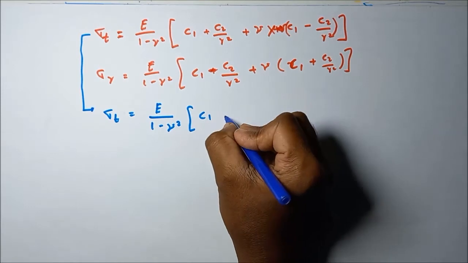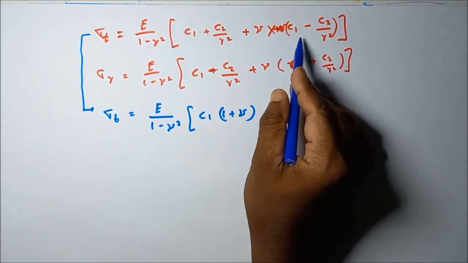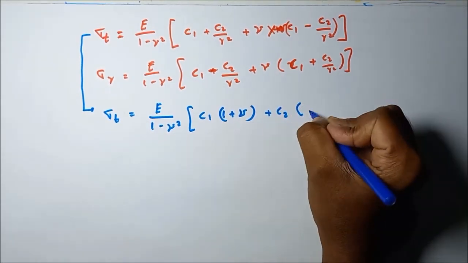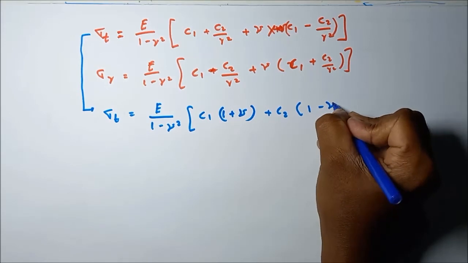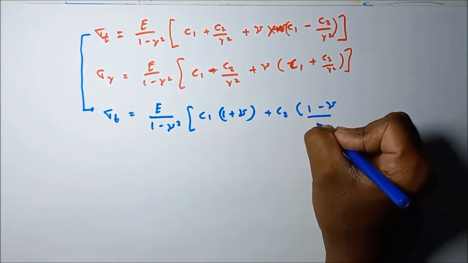I'm going to take the C1 part separately, 1 plus mu, plus C2 1 minus mu divided by r square.